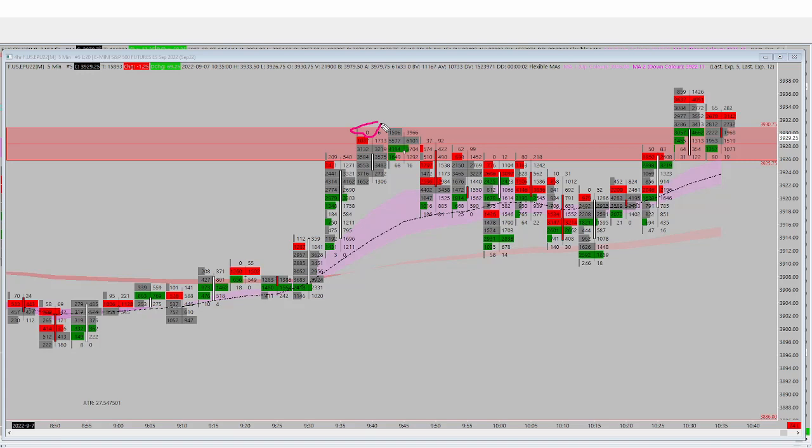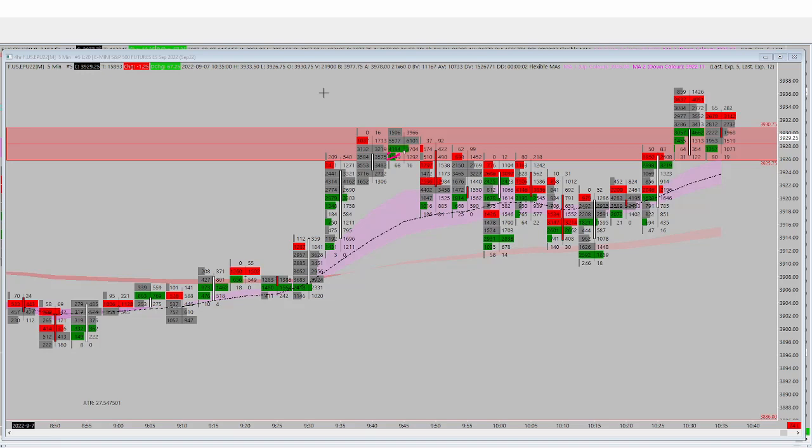Someone is selling into all these buyers. Look how we have a buying imbalance so high into this price action. Someone is buying this and then someone is selling into them. So we saw exhaustion. That is check 1, and now we want to see this bid start to thin out.